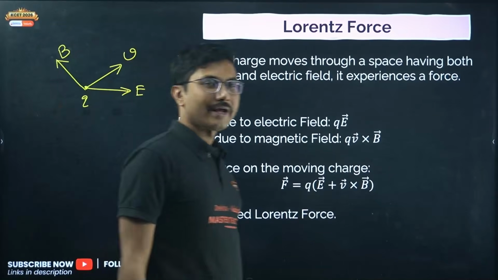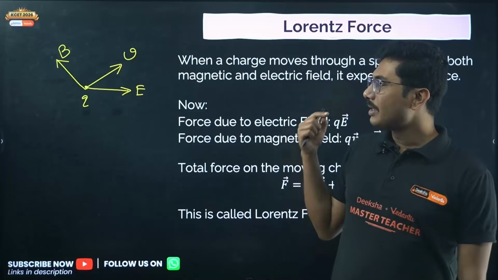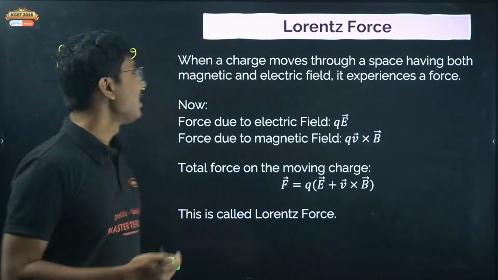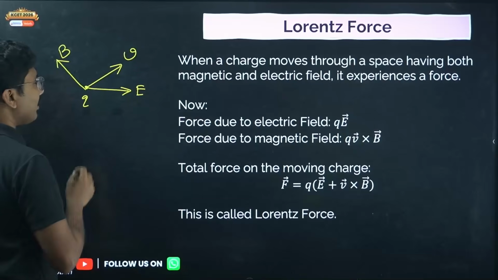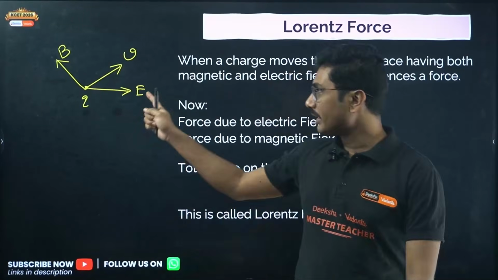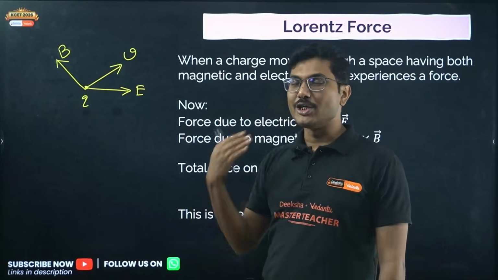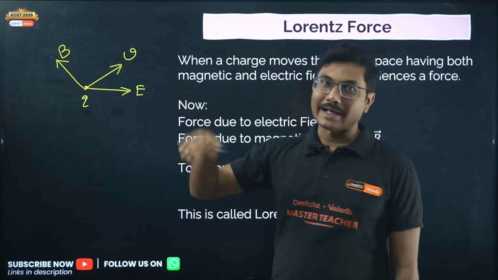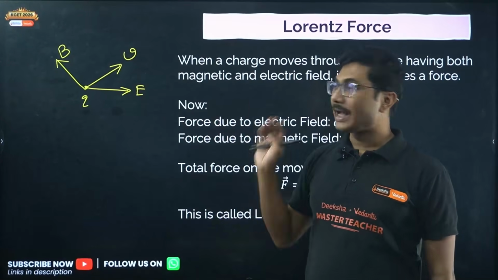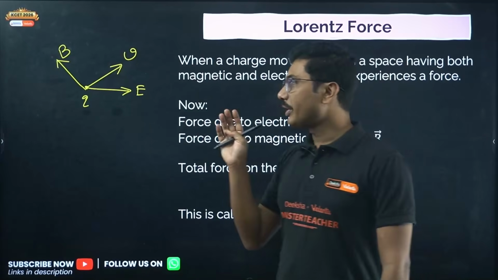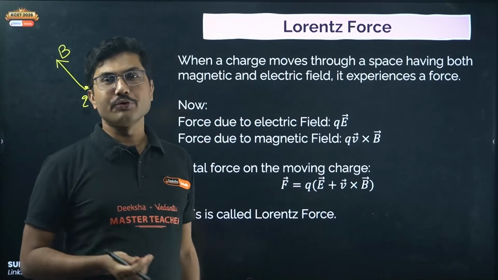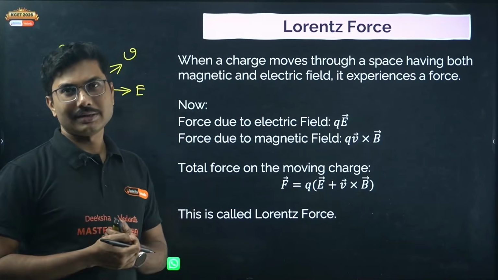As long as the particle is moving, there is an electric field, there is a magnetic field, then this charged particle Q will experience two different forces. One force is due to the electric field, which is static, obviously Q into E, and there is a dynamic force based on the velocity and angle between them, called magnetic force, QVB sin theta. Those two forces combined are known as Lorentz force.